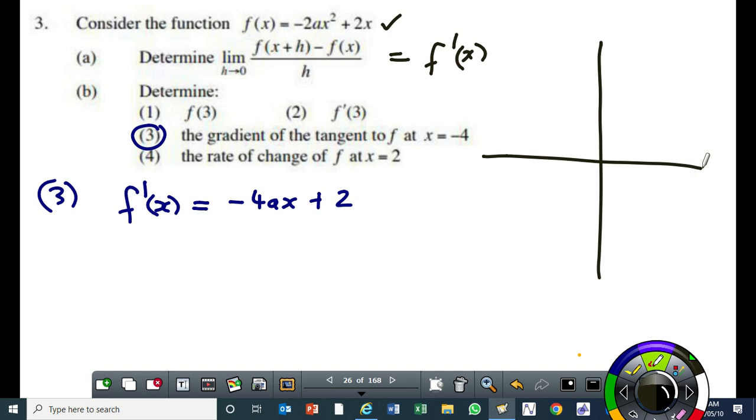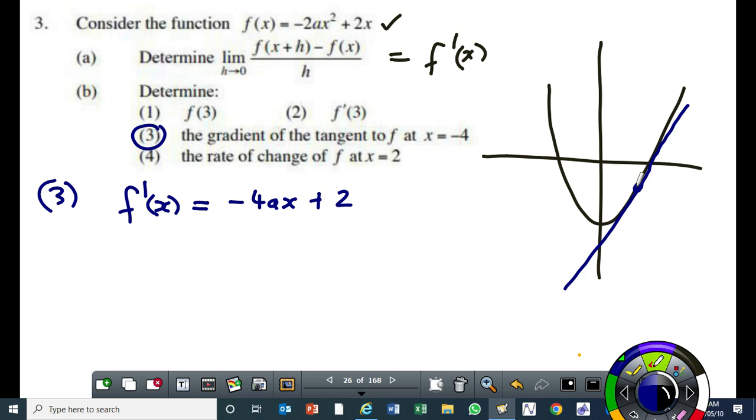So when it comes to a quadratic function, you can have a situation where you may need to know the gradient at a specific point, like that. So if I draw a tangent, this is not perfect, right? This is not a grade 10 or grade 11 concept, it's a grade 12 concept.